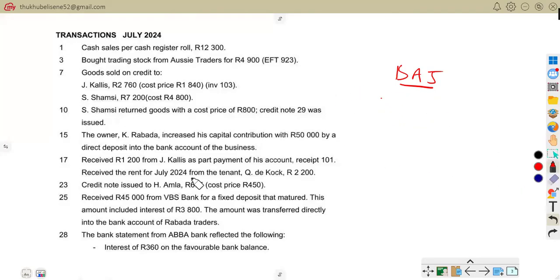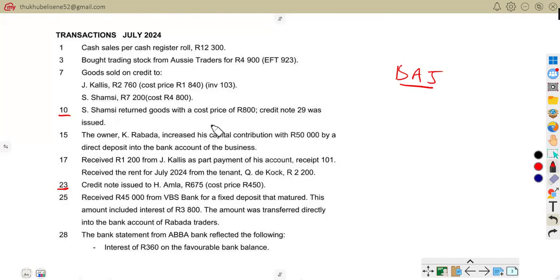Now we are going to look at the transactions that affect the debtors allowance journal, where the goods were returned. You can see on the 10th we have that, and also on the 23rd we have returns, two transactions. Let's first start with the one on the 10th.